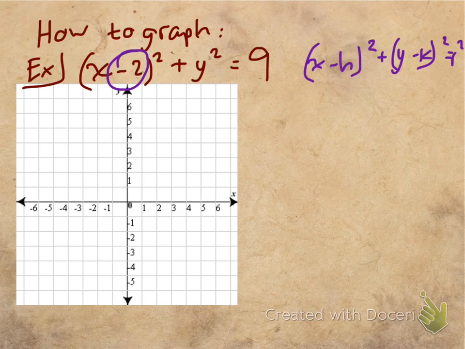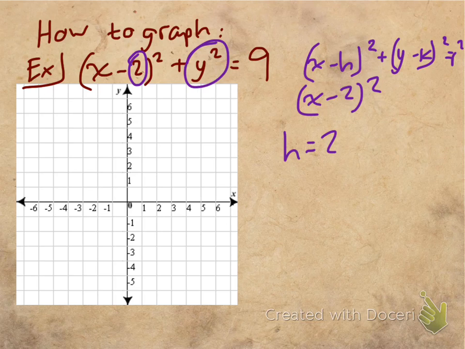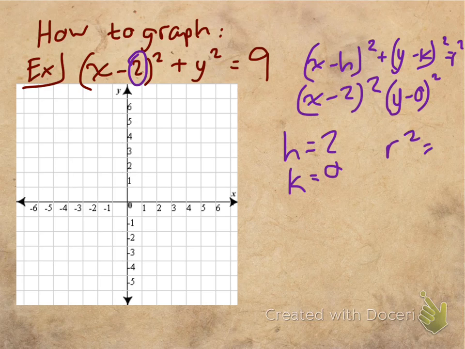So this value here, x minus h, right, turned into x minus 2, which means that h is 2. y minus k squared is just y squared, which means it's really y minus 0 squared, right? So when there's nothing added or subtracted to it, it really just means that the value for your center there is just 0. And then r squared is 9, therefore the radius is 3.